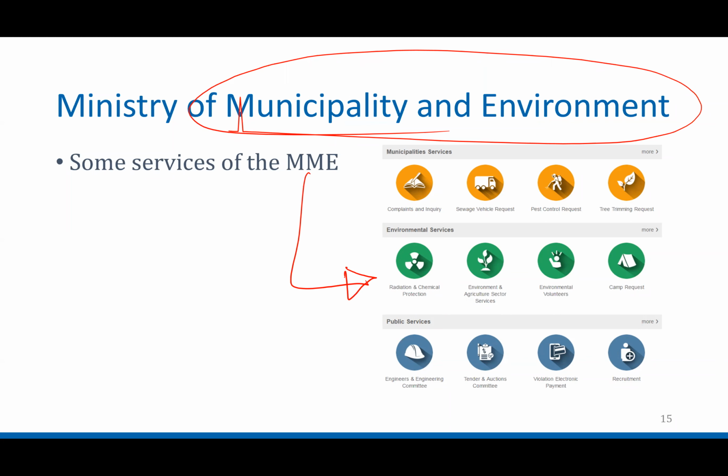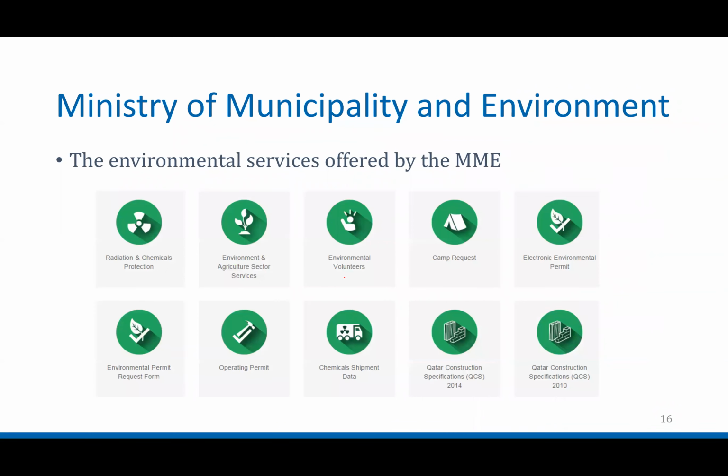So there's not really much to know for this section 4.2. You don't have to memorize it for the final or anything, but depending on which country you work in, they'll have their own environmental services, radiation and chemical protection. This would include disposal and storage, something like chemical shipment, you'd get information there, construction specifications.